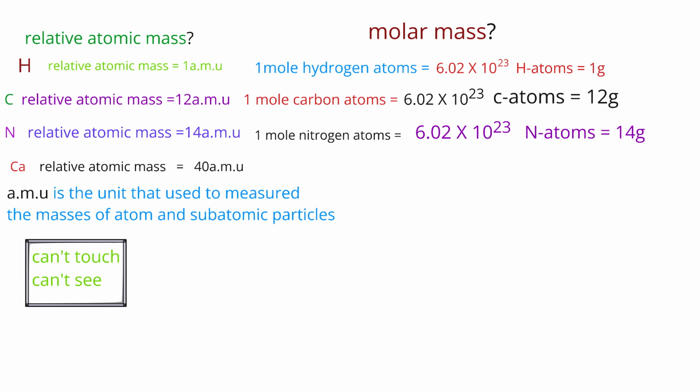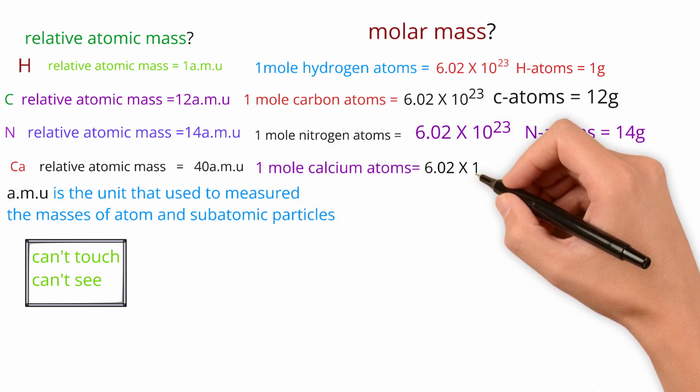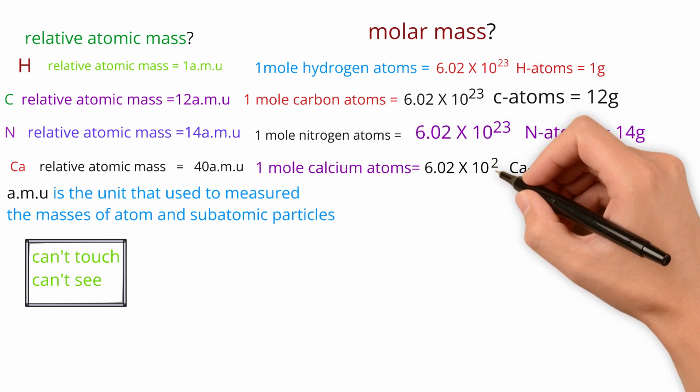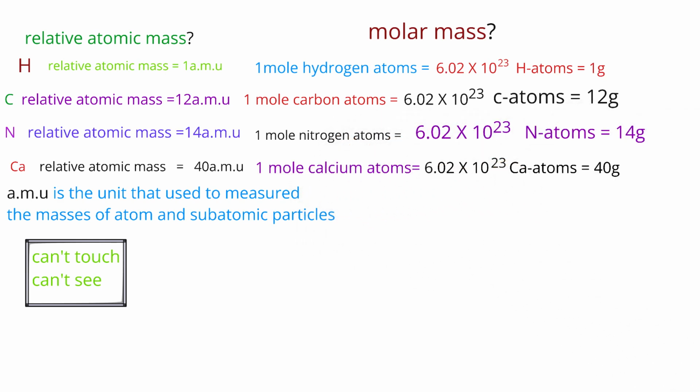The last example, 1 mole of calcium atoms contains 6.02 times 10 to the power of 23 calcium atoms. The mass of 6.02 times 10 to the power of 23 calcium atoms is equal to 40 grams, but the mass of only one calcium atom is equal to 40 atomic mass units.